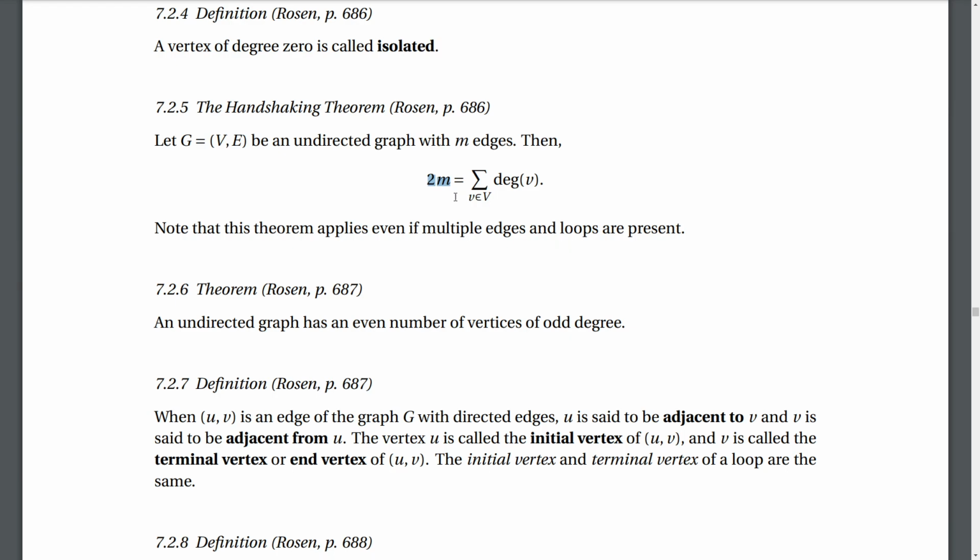So all this theorem says is that each time you add an edge, it'll contribute an even number to the sum of all of the degrees, because the edge is always connecting to 2 points in order to be part of the graph. It's a pretty simple statement, even though it's presented as a theorem.